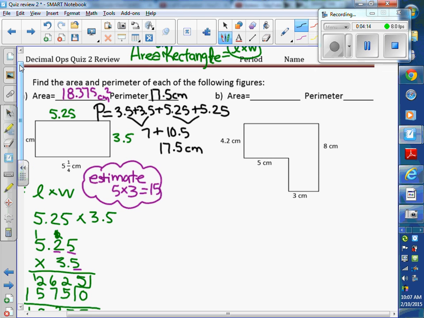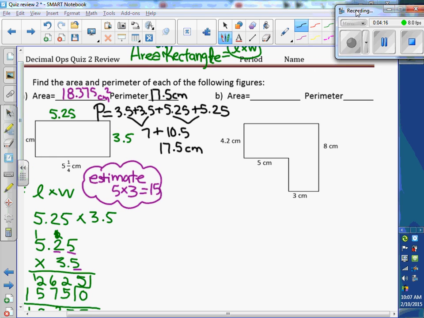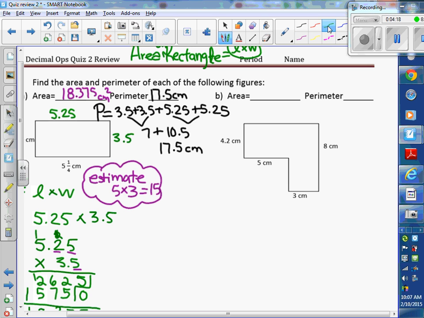All right, this next one, there's different ways to do this. You can surround it and find the area of the big rectangle, and then subtract the area of the small rectangle. That seems to be the easiest way for some people, for a lot of kids. So that's what we're going to do here.